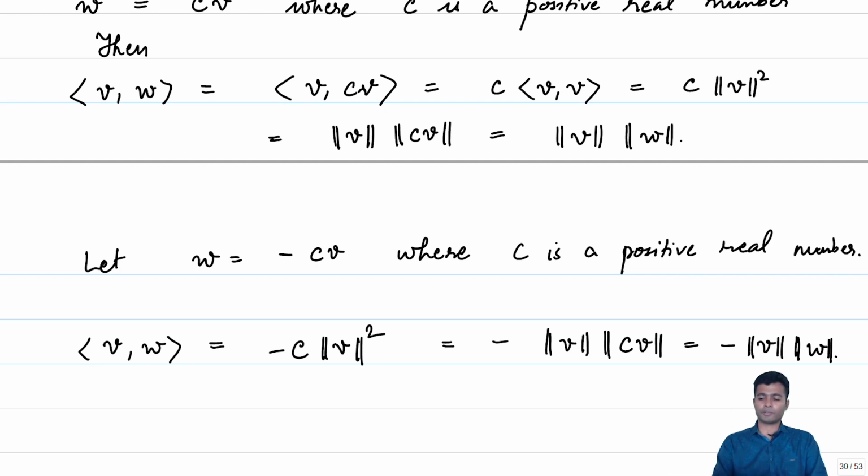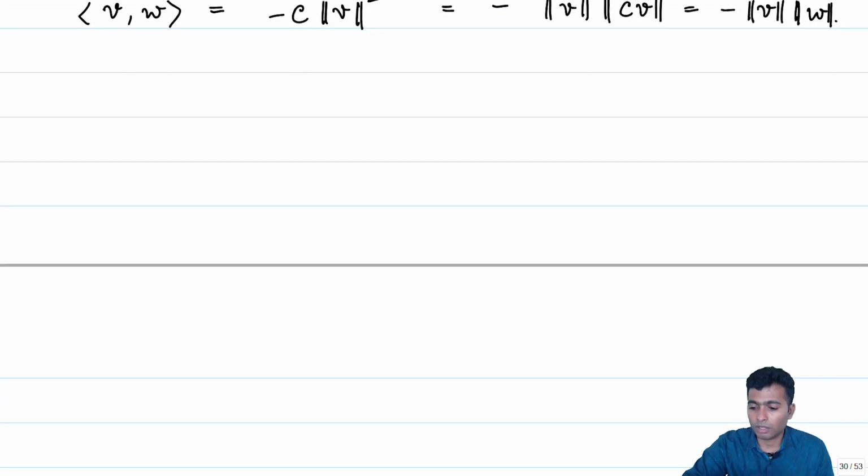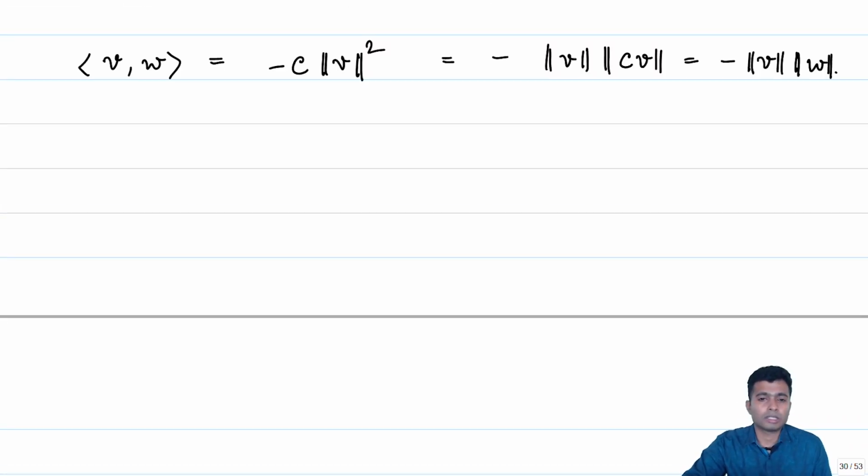So this is precisely what we will be getting. So that means in this case the inner product is minus of the length of V times the length of W. So in general, the inner product of V and W is always between these two numbers.